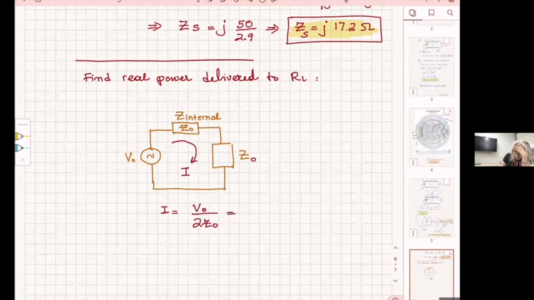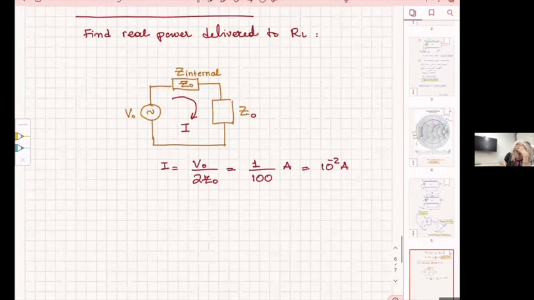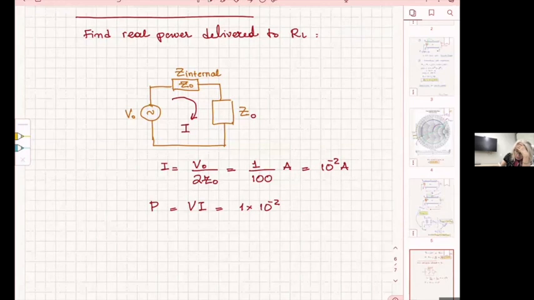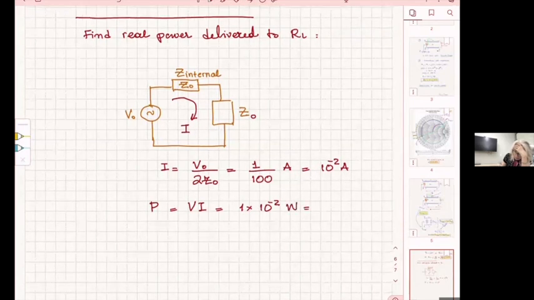So the current here is going to be V naught divided by 2 Z naught. And the current, therefore, is going to be 1 divided by 100 amps, which is going to be 10 to minus 2 amps. And the real power, P, is going to be VI, since they are not complex numbers, it's going to be 1 times 10 to minus 2 watts, which is going to be 10 milliwatts.